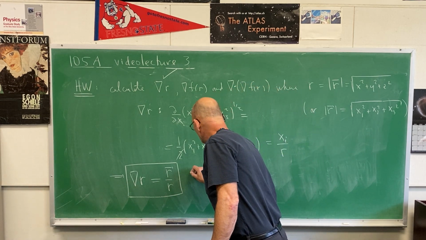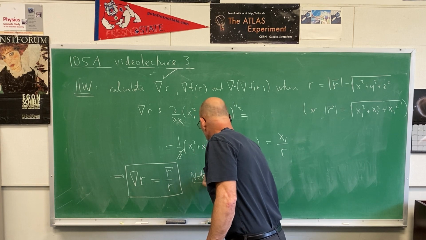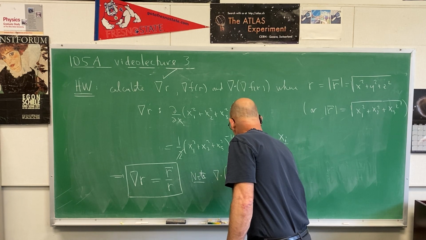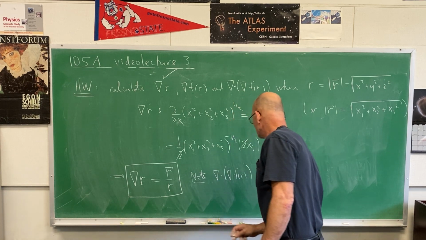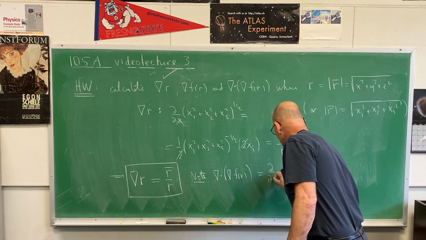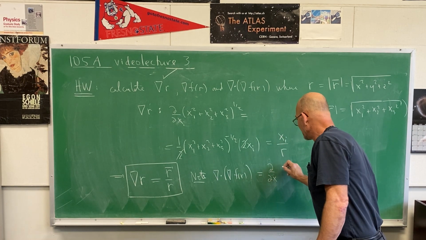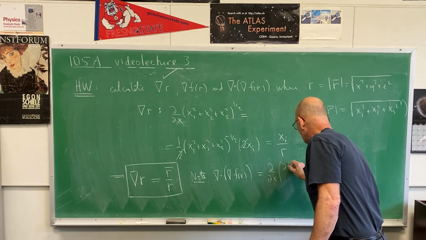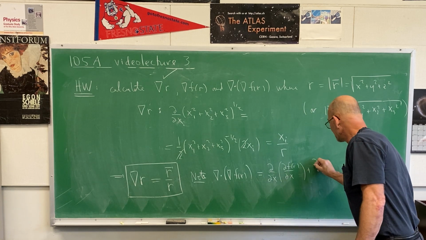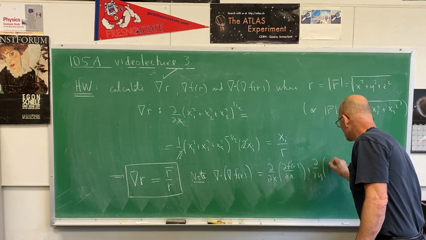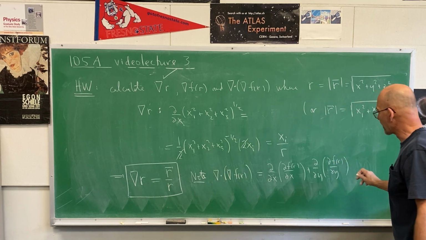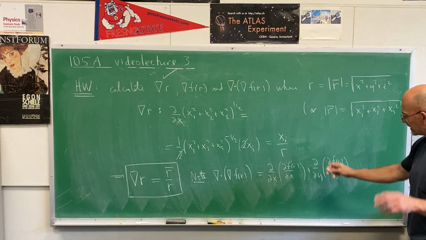Now for this, I'll just put this as a note as well. When you're doing this divergence of the gradient of f of r, that is d dx of df of r dx plus d dy of df of r dy. So I'm not doing the indices this time. You can nail this with the indices as well.